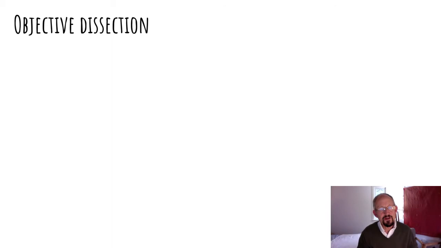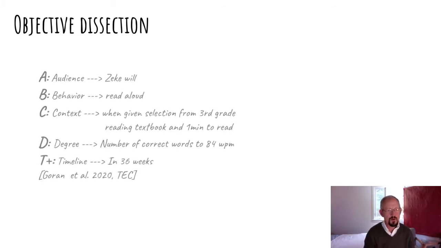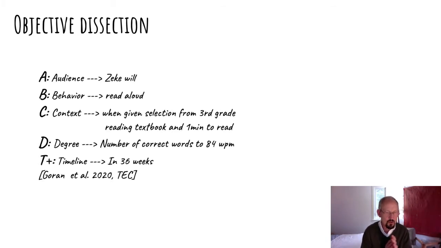What I want to turn to now is beginning to turn the discussion so far into kind of a dissection of the objective that maybe gives a bit of a template for how to organize it when you're writing an actual objective so that it takes into account some of the issues we've mentioned so far. One option is one that was recently summarized in a paper in Teaching Exceptional Children by Grant et al.